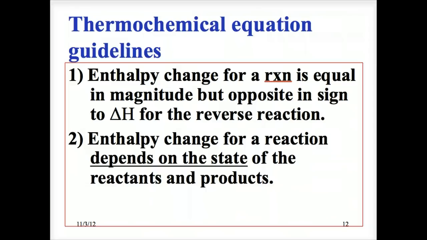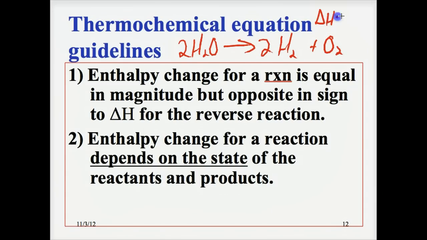Alright, something that we may have never covered is that enthalpy, whether you're going forward or reverse in your actual reaction, the actual enthalpy is the same. The difference is the sign. So for example, if I was going to break open my water back into my H2 plus O2, I don't have to look it up.